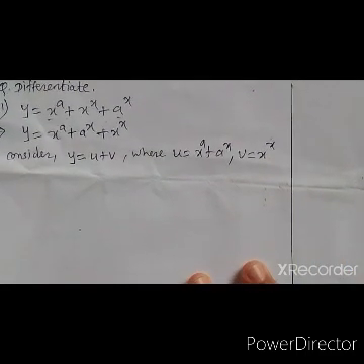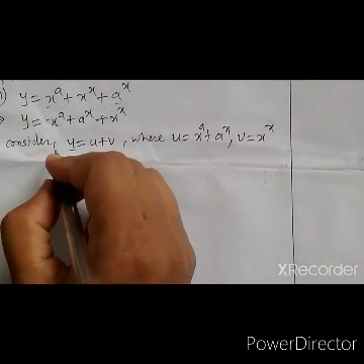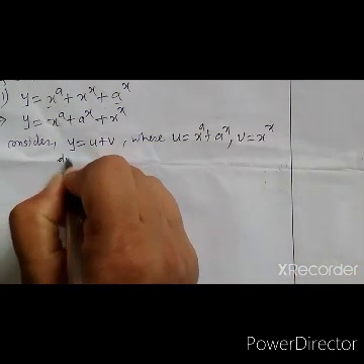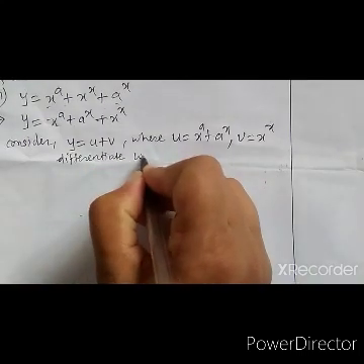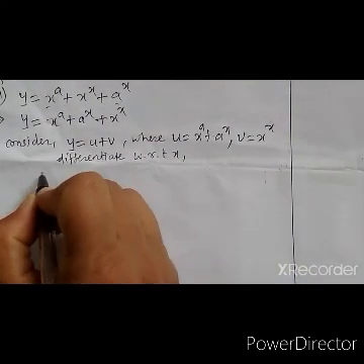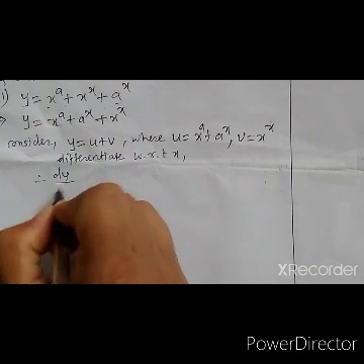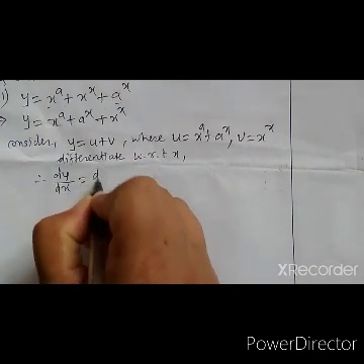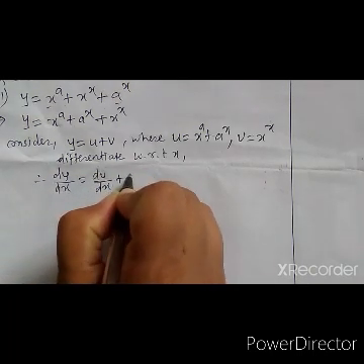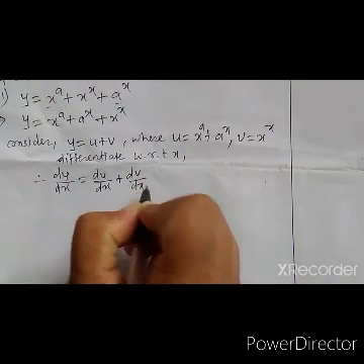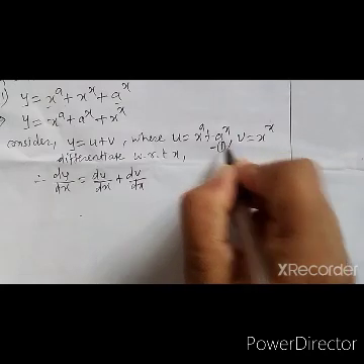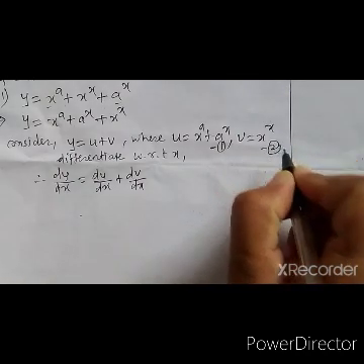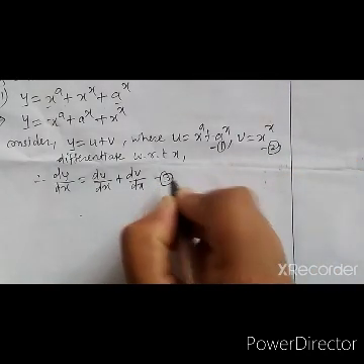Now differentiate with respect to x. Therefore dy by dx is equal to du by dx plus dv by dx. For this we can say equation number 1, equation number 2 and equation number 3.